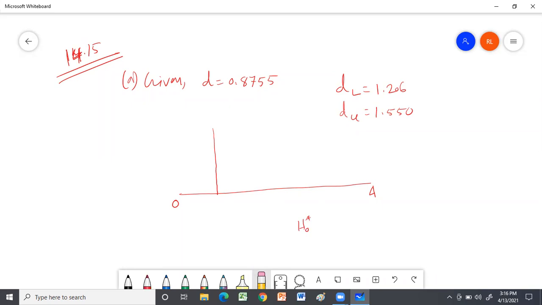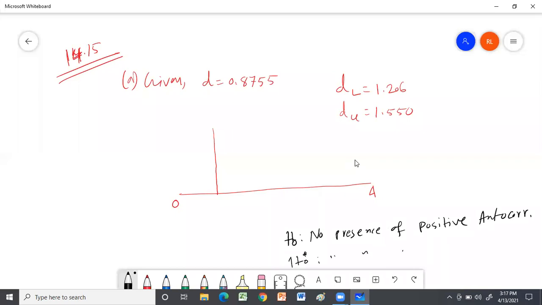One is no presence of positive autocorrelation, and null hypothesis star is no presence of negative autocorrelation. Okay.